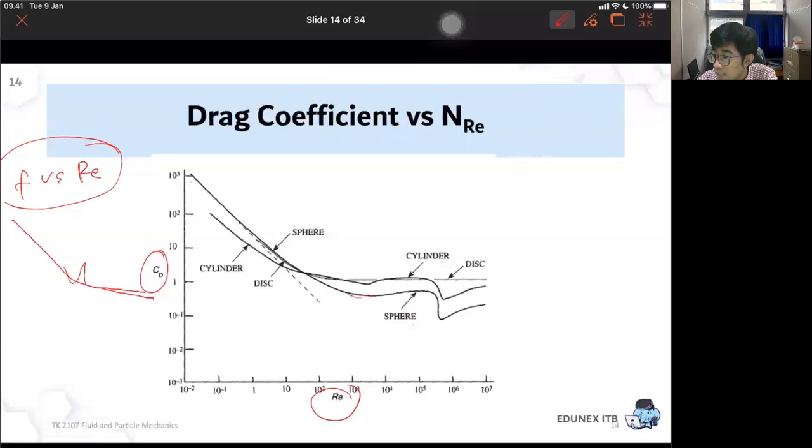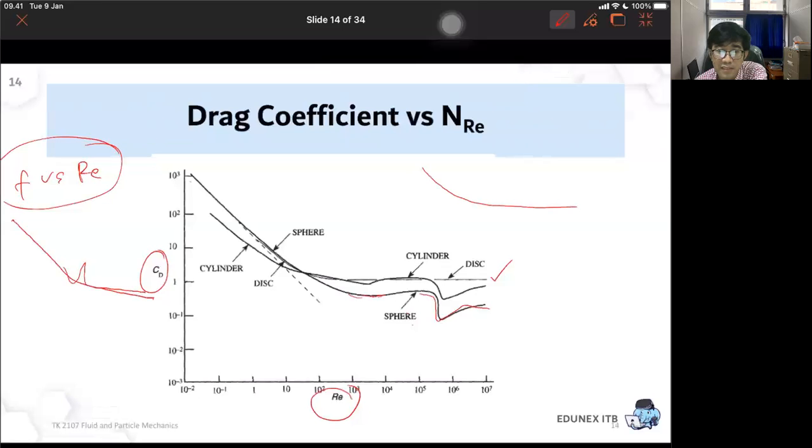At some point, the drag coefficient will increase again a bit with increasing Reynolds number, then decrease, and then increase again. But for this one, it's just like this, right?